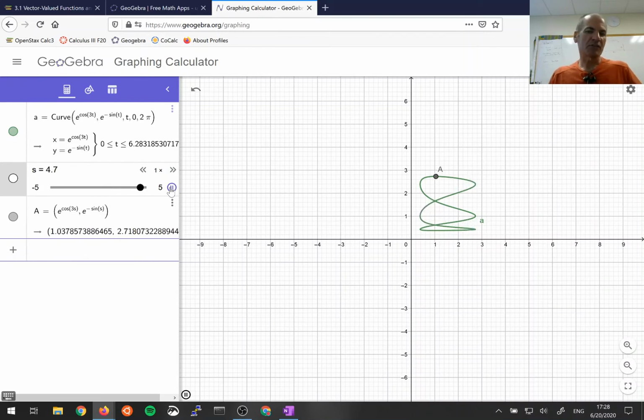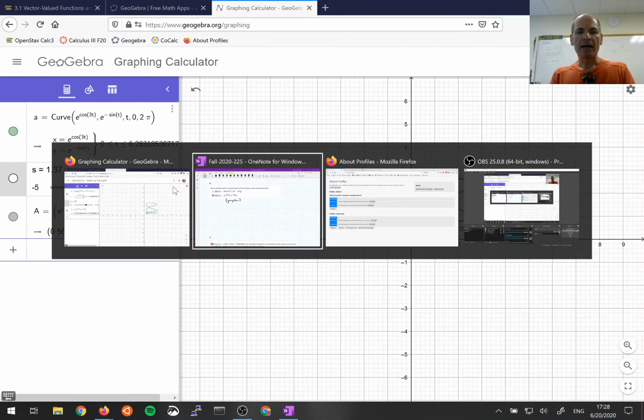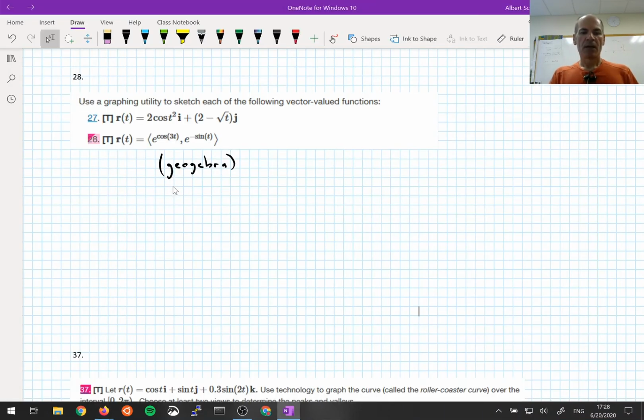And so here's, I don't know, a bird flying through the sky, chasing a bug, something like that. It's a space curve. It's a way of tracking some kind of object that's moving in the plane or in three-dimensional space as a function of time. It's incredibly useful in physics, engineering, all kinds of applications. Great. Let's go back and continue here.